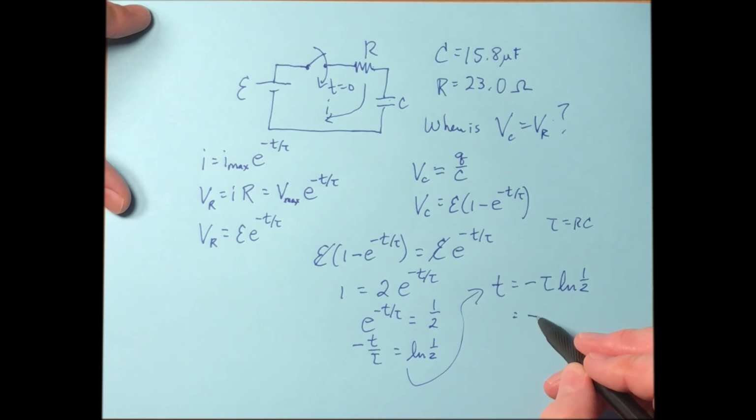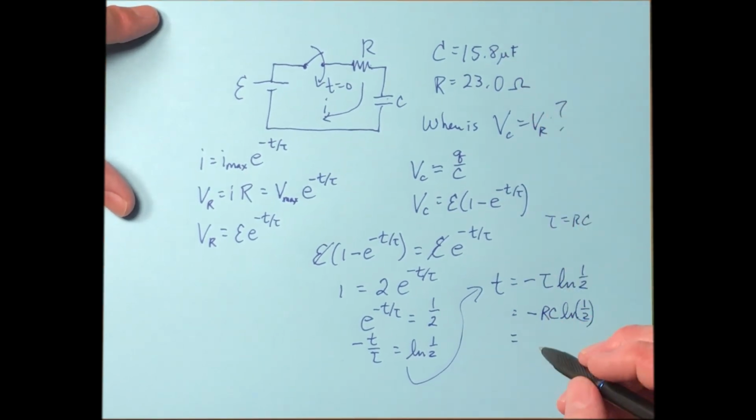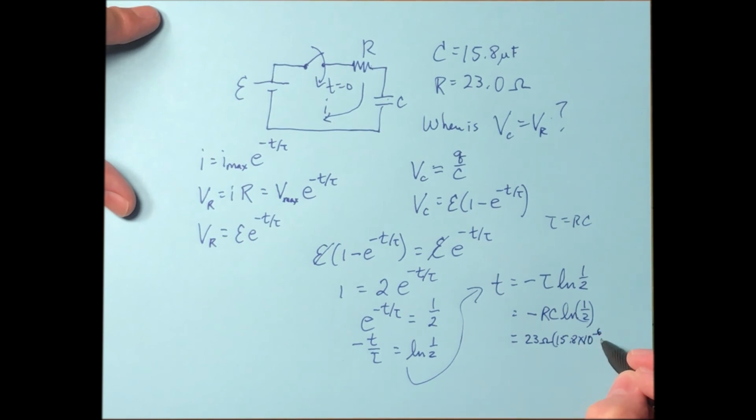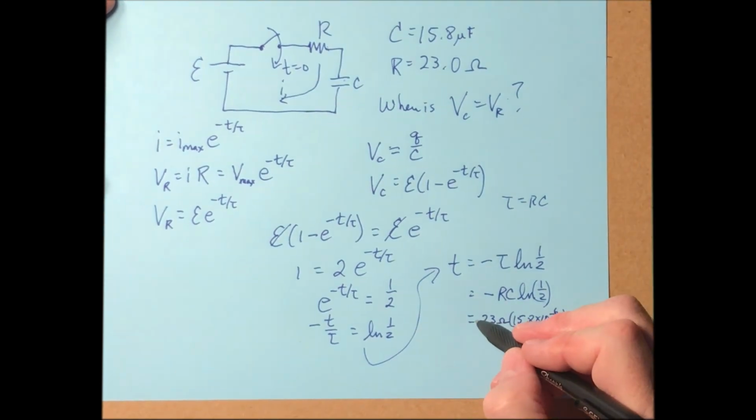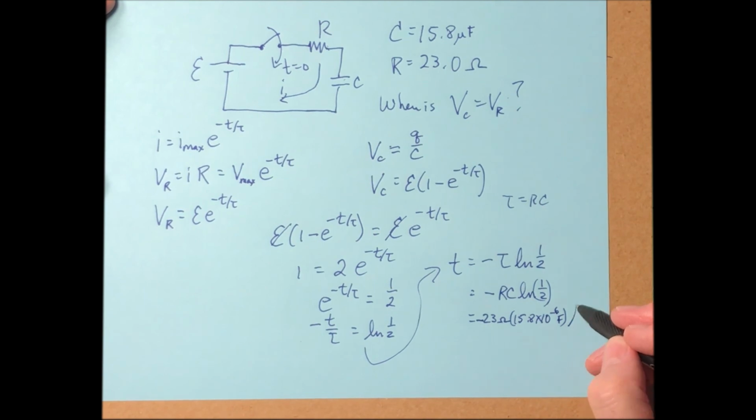So this is going to be minus RC natural log of 1/2. Now you're given an R value and a C value, so this is going to be 23 ohms times 15.8 times 10 to the negative 6 farads. There's a negative sign there, can't forget that, times the natural log of 1/2.